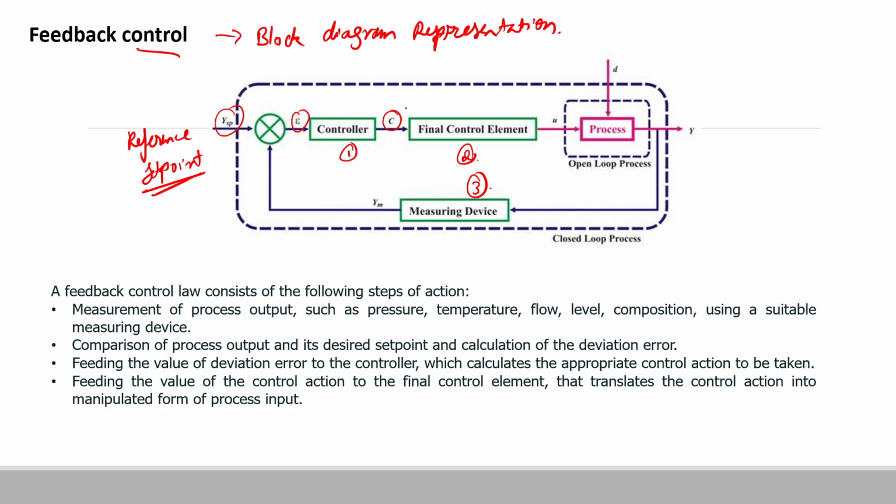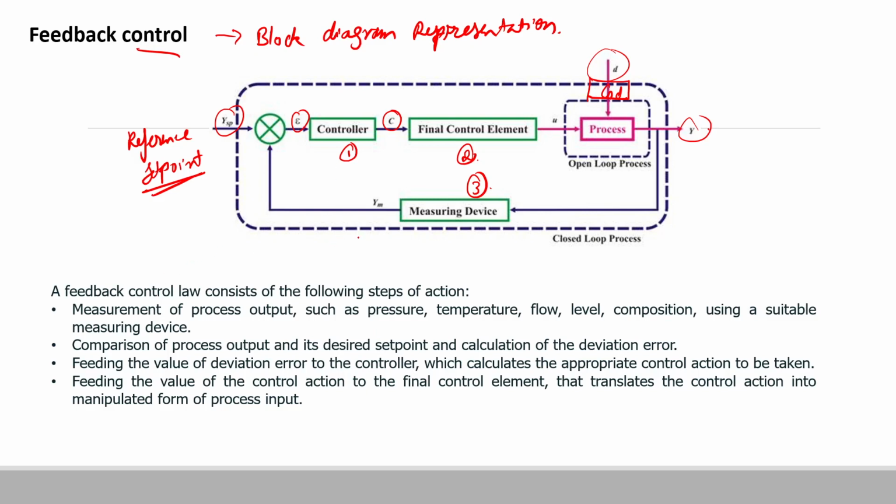These are pure signals, but the manipulated input is obtained from the final control element, and it will affect the process, and corresponding to that we get the final output. There will also be some disturbances, and corresponding to the disturbance there can be a disturbance transfer function GD. This is how we represent an overall feedback control block diagram.